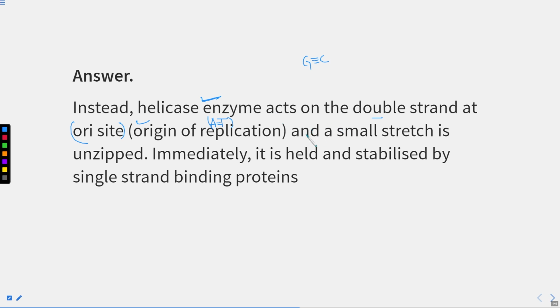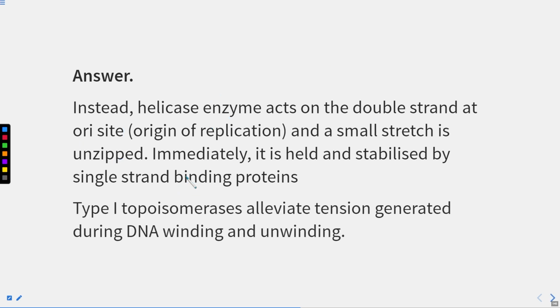All right. Now, a small stretch is unzipped. So slowly the DNA molecule is getting unwound. This takes place slowly, not the entire DNA molecule is getting unwound. Immediately it is held and stabilized by single strand binding proteins. So when the single strand is created, it is bound by the single strand binding proteins.